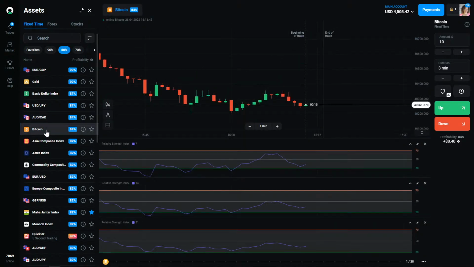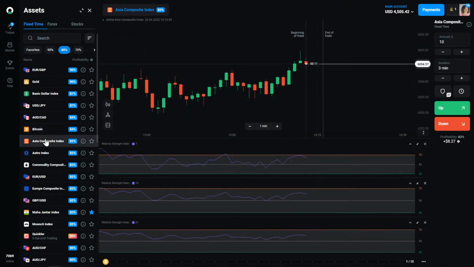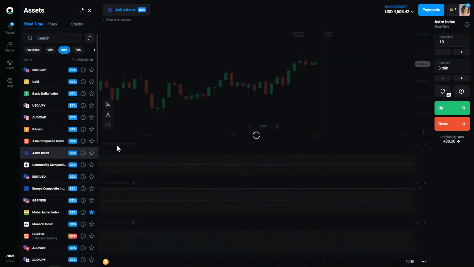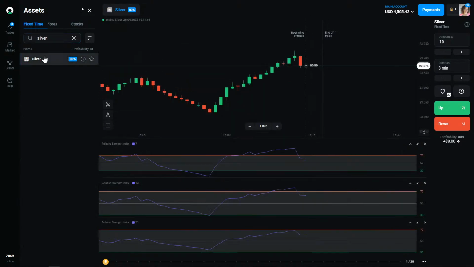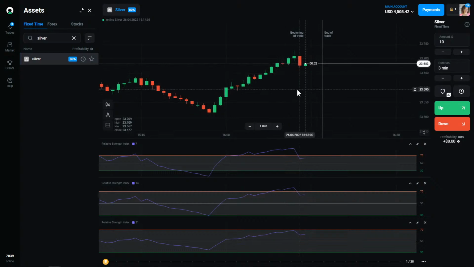What's Bitcoin doing? Trading at 40,000, huh? A little above that. Asia Composite Index. You said check silver? Let's see. Yes, but did I miss it? You are correct.